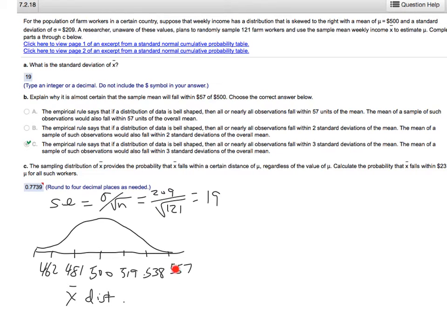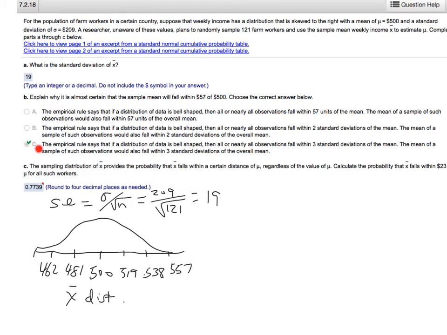So here's 3 standard deviations above. That's 57 above the mean, and then 57 below the mean will be whatever this is. I just ran out of room there, but that was 443, I guess. Anyway, the empirical rule says if we have this kind of symmetric bell-shaped data, then almost everything falls within 3 standard deviations of the mean. And that's all this is saying.